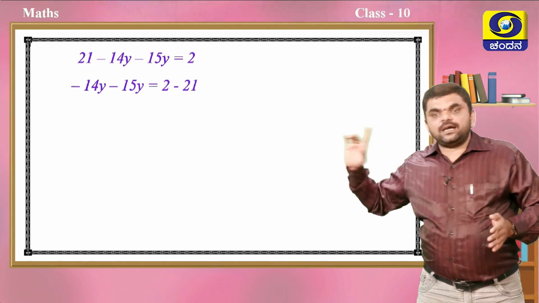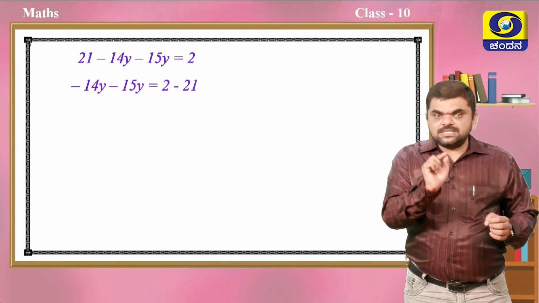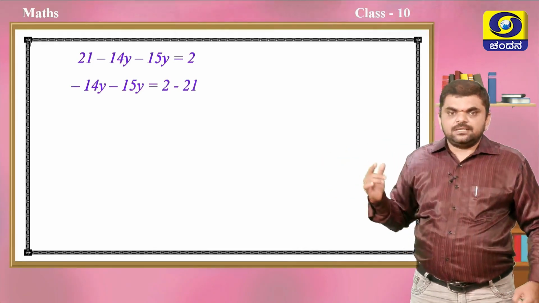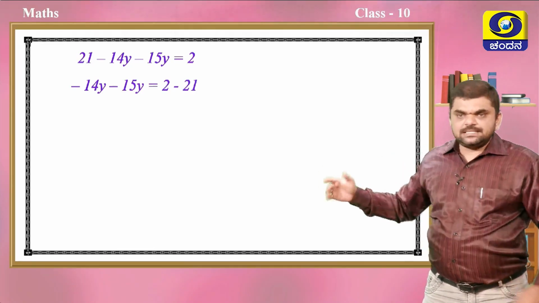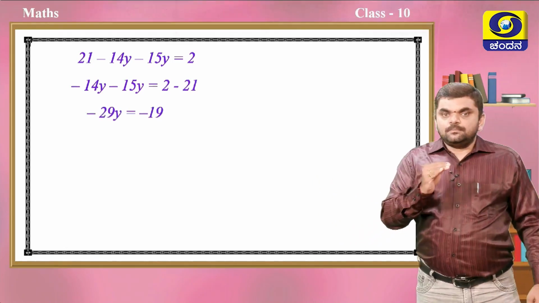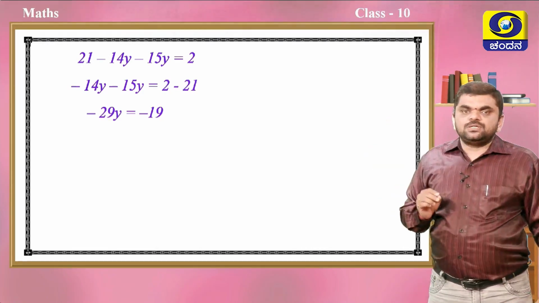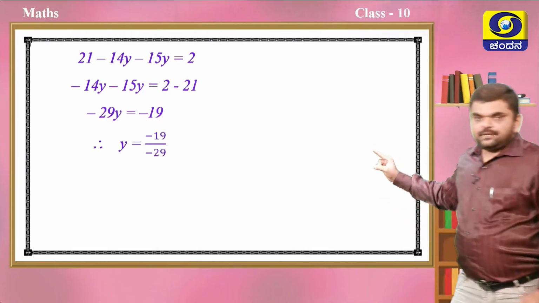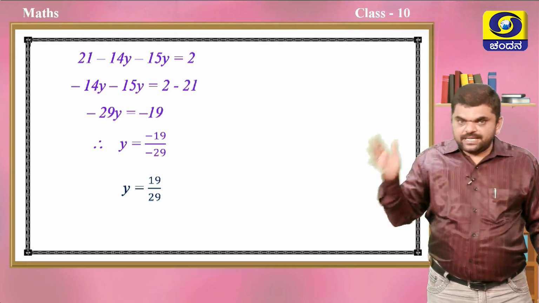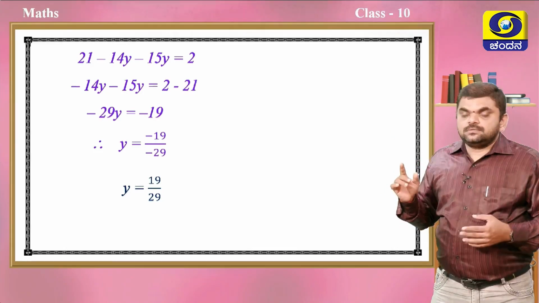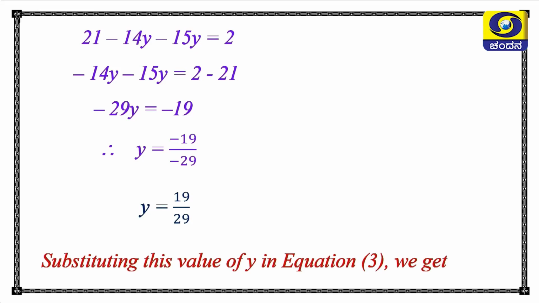Transfer 21 to RHS. Plus 21 becomes minus 21. So minus 14y minus 15y is equal to 2 minus 21. Minus 29y is equal to minus 19. So y is equal to minus 19 by minus 29, both minus will get cancelled and the value of y is 19 by 29.